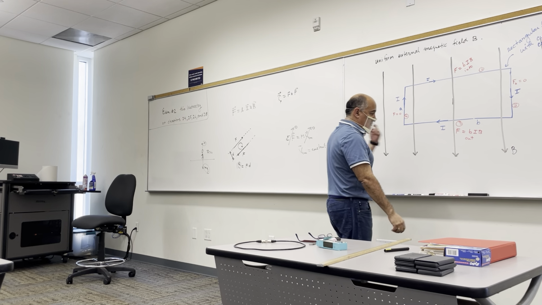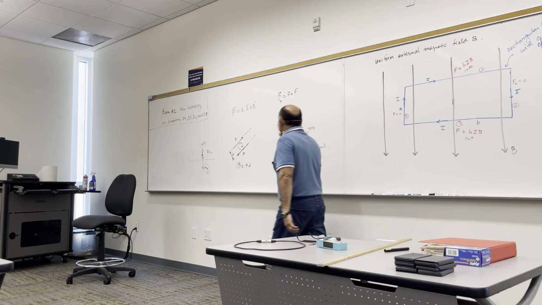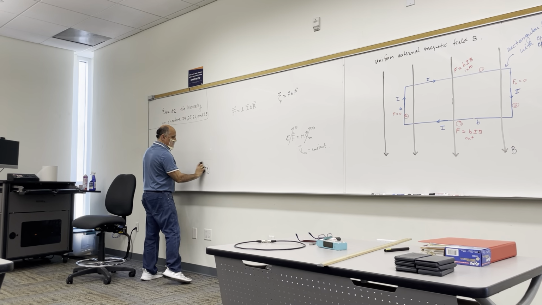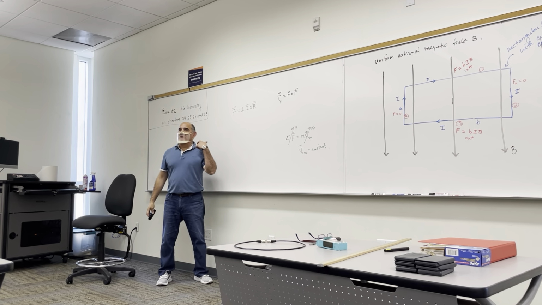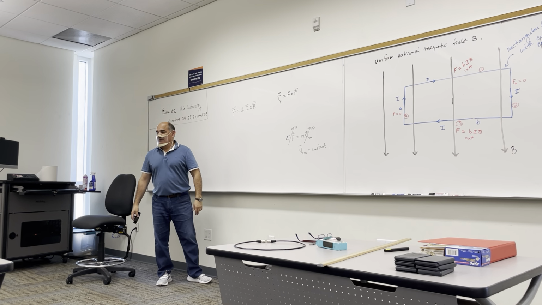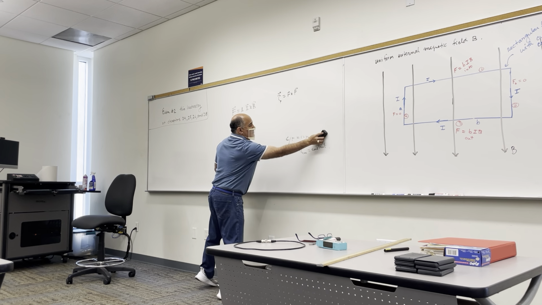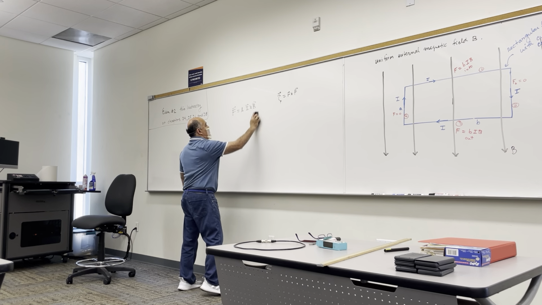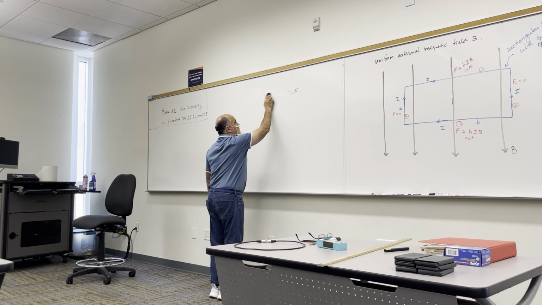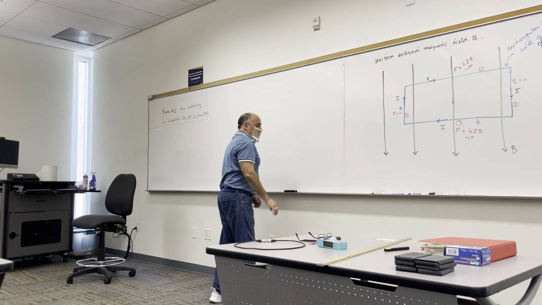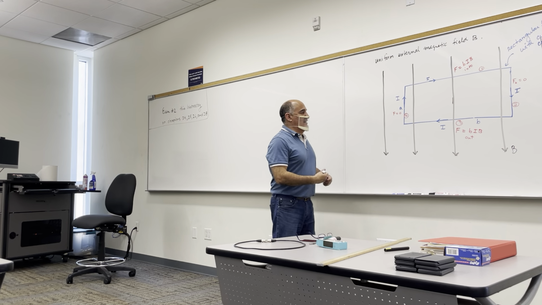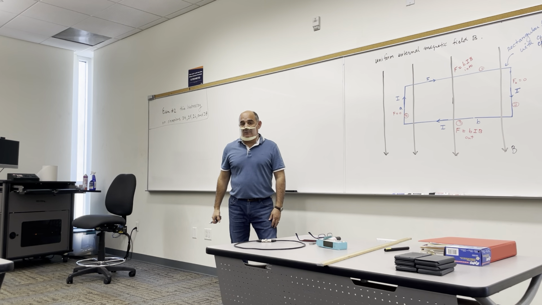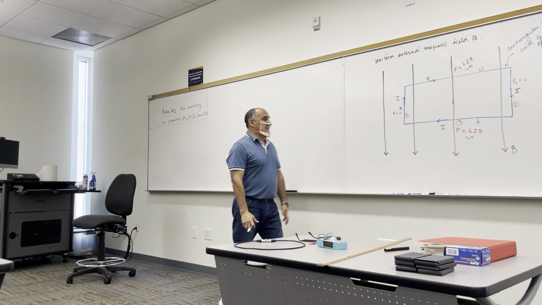So let's do it like that. And then I'm going to teach you a shortcut, an expression for calculating the torque of a force. It doesn't matter what point you take torques about.